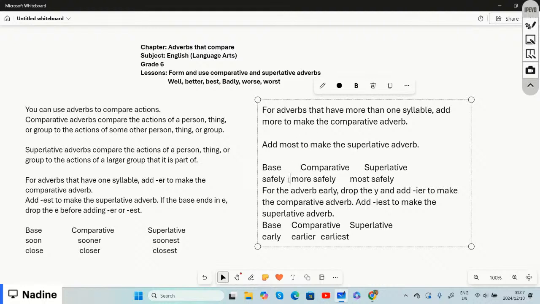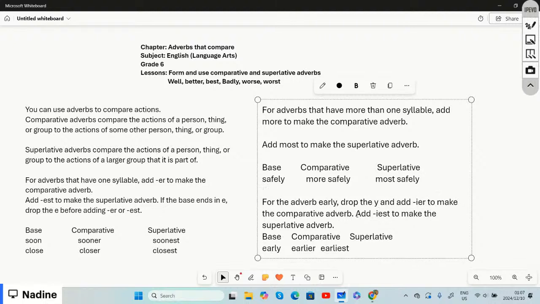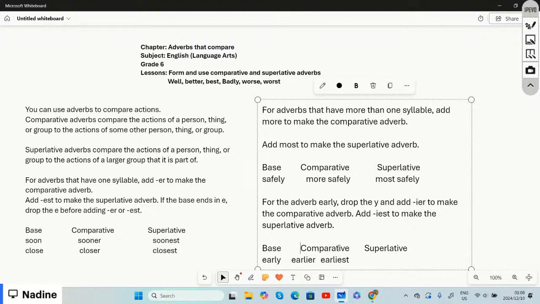All right. So when it comes to adverbs, firstly, before we even go to adverbs that compare, an adverb is a word that either tells us about a verb, it tells us about another adjective, or it tells us about another adverb.